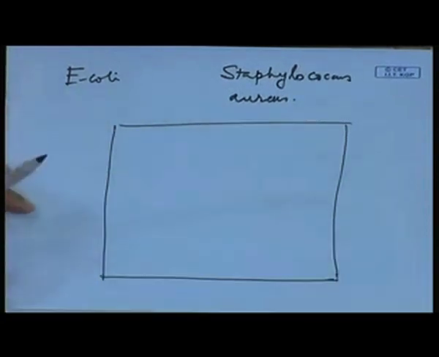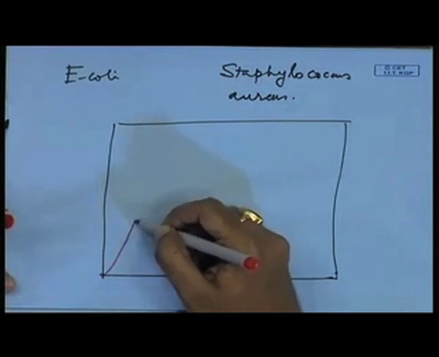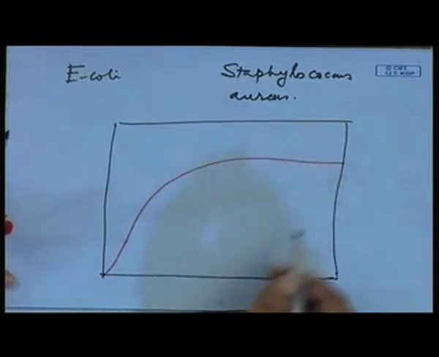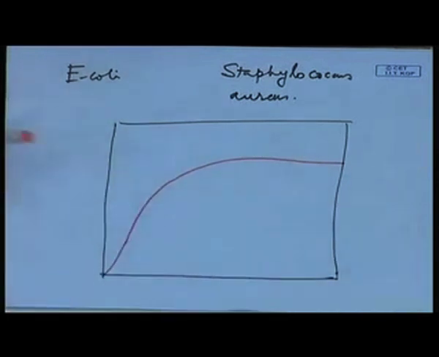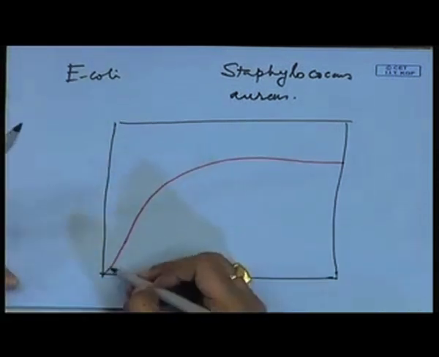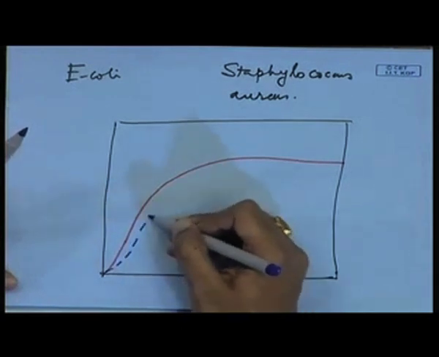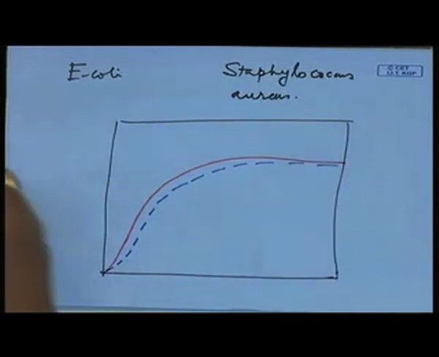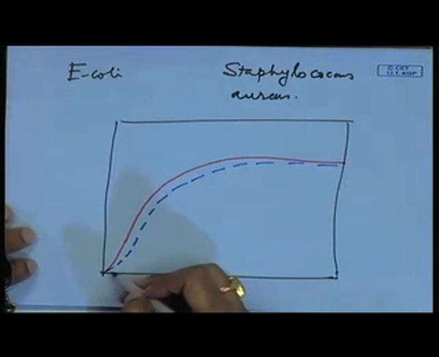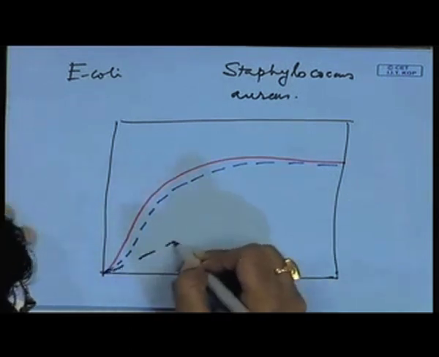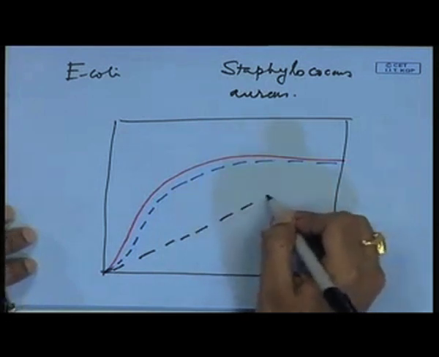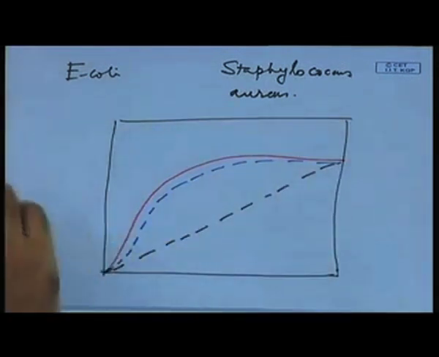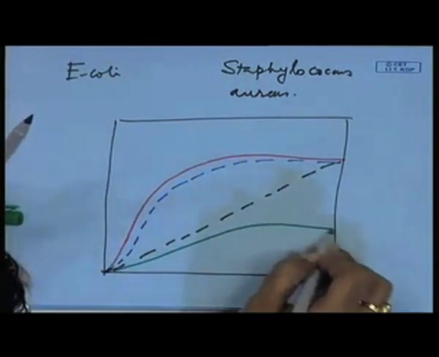So, let us see. This is E. coli, and this is Staphylococcus aureus, and this is the Staphylococcus aureus mixture.